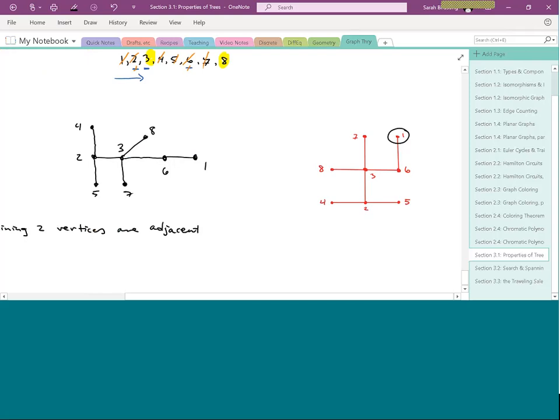Notice here they do not look exactly identical, but that's only because we physically put the vertices in a different orientation on the paper. They are in fact still the exact same tree. Notice the 4, 2, 5, 4, 2, 5, that's the same. 2 to 3, 2 to 3, that's the same. The branches here from 3 out to 6, 7, 8, I did them in a slightly different orientation here.